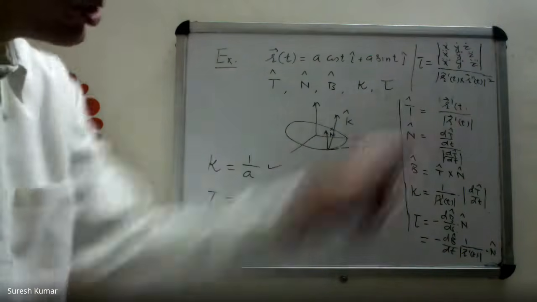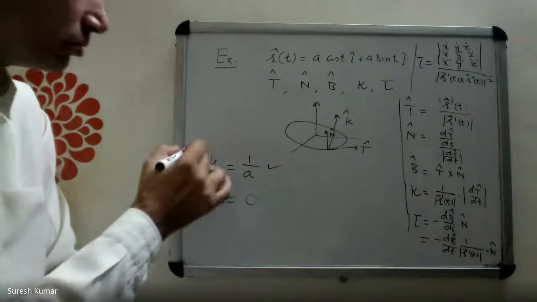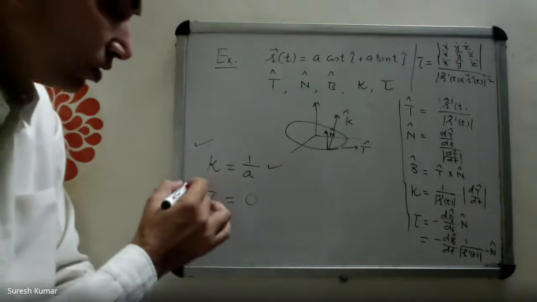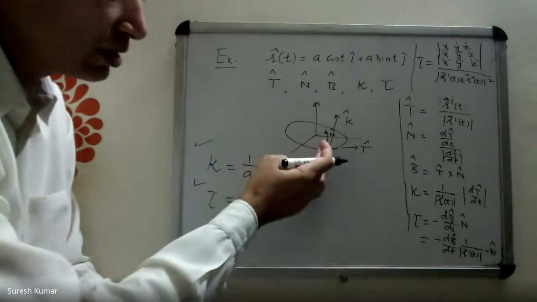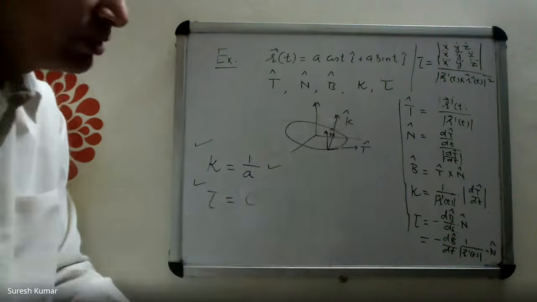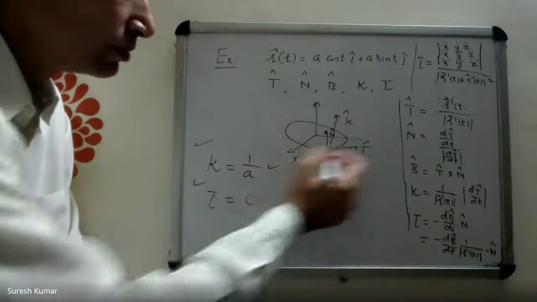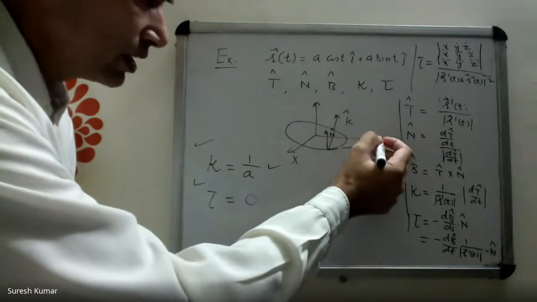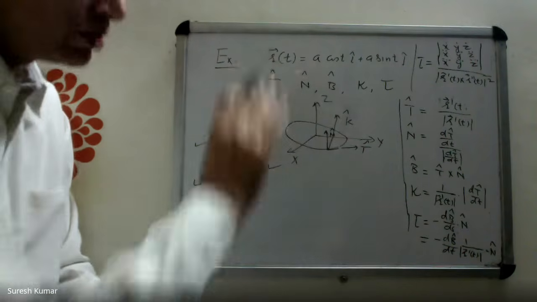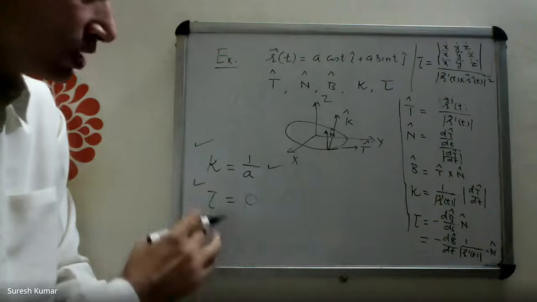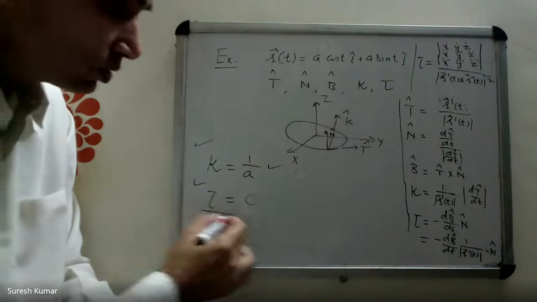So that determinant is 0. Now understand the meaning. Why is kappa constant, why is tau 0? Tau is 0 because the curve is not leaving the osculating plane. What is the osculating plane here? The XY plane. T cap and n cap both lie in the XY plane. Because the curve is not leaving the XY plane, there is no twist in the path out of the plane. That's why you are getting tau 0.